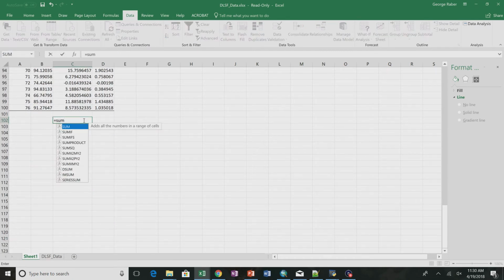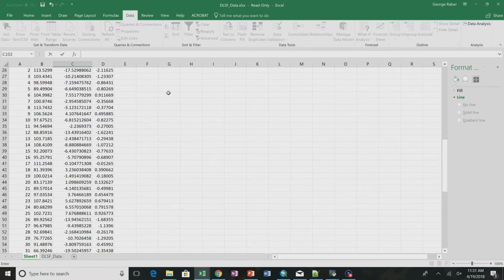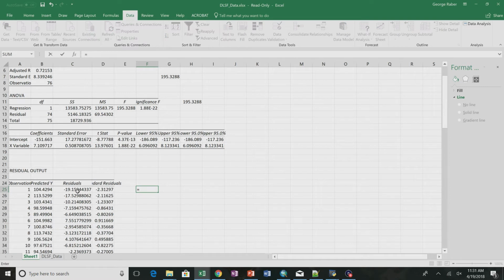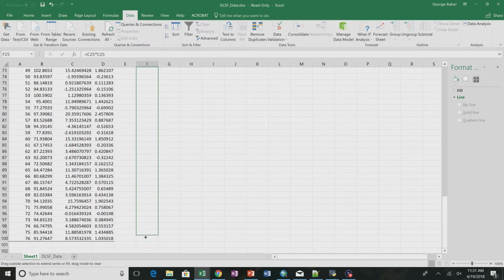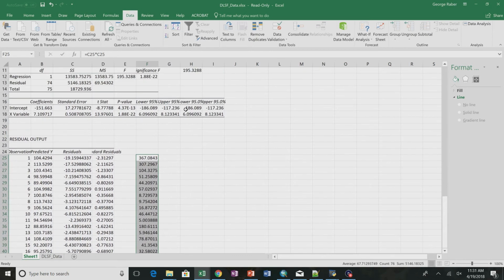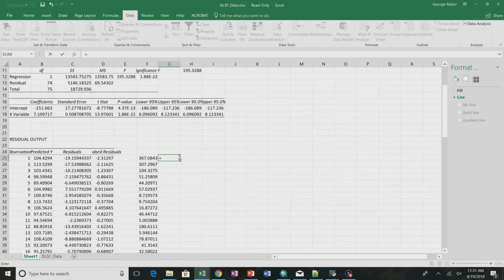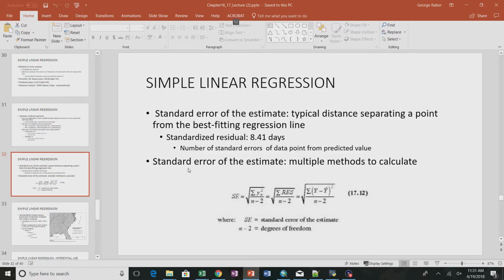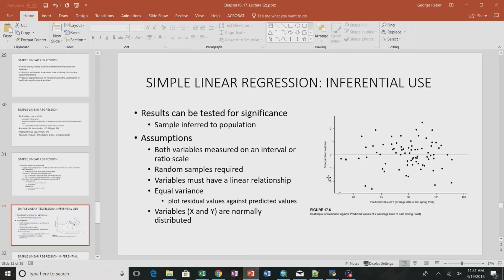Equals this times this, fill down. So those are all the residuals, and then we need the SQRT of the sum of all this.